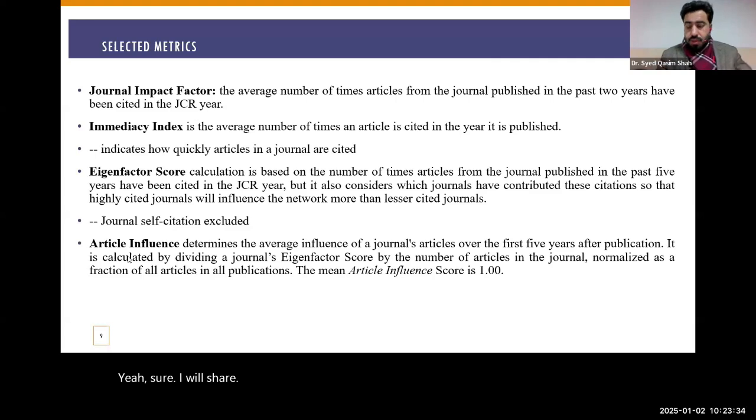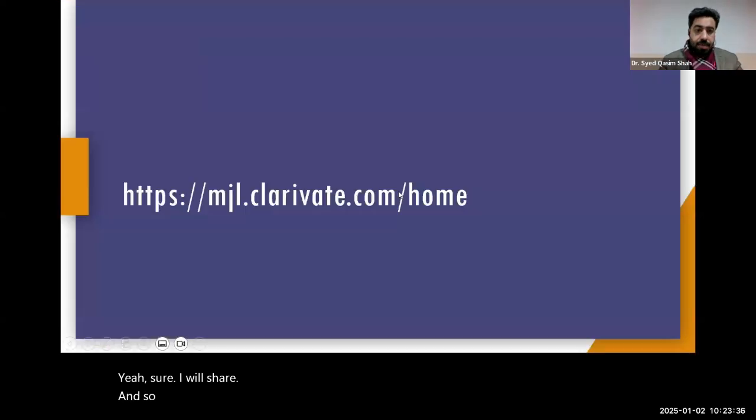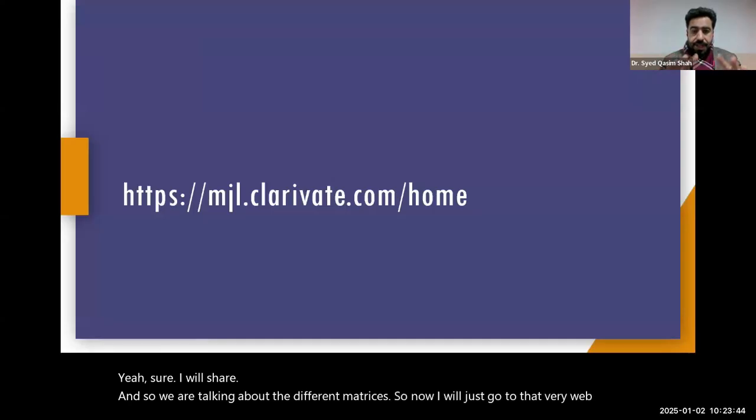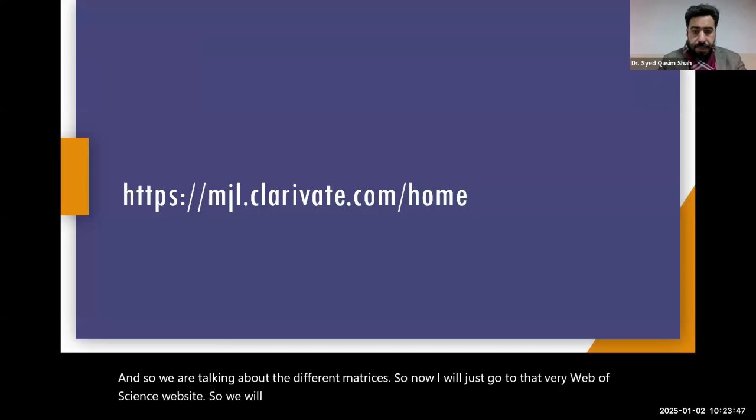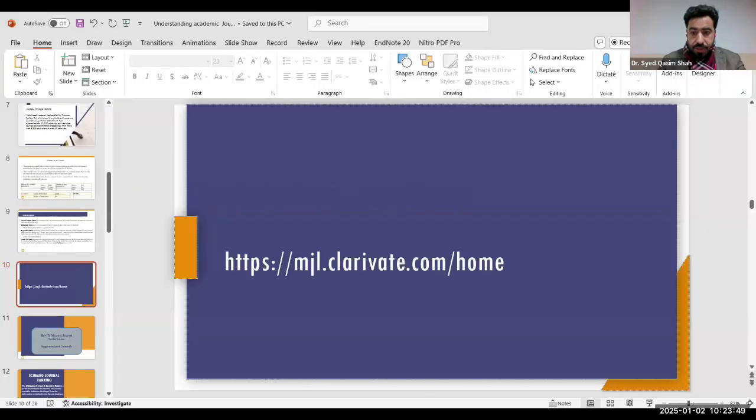And so we are talking about the different matrices. So now I will just go to that very Web of Science website. So we will just check. I will share my screen with you.